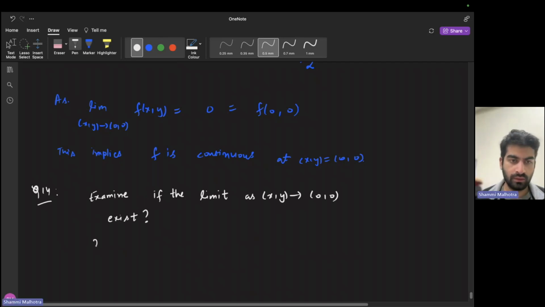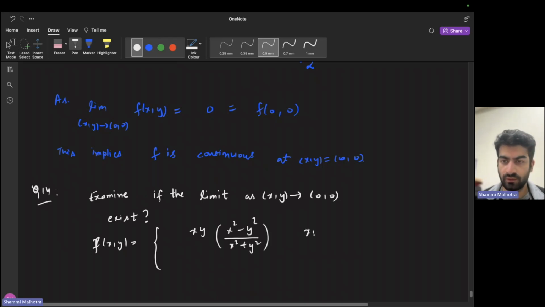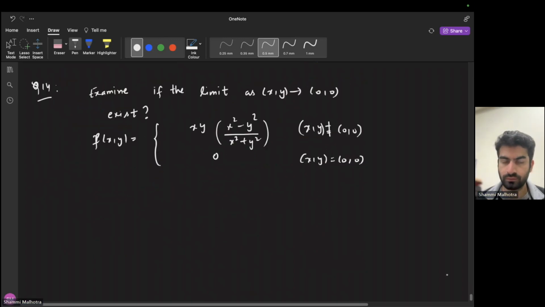The function I'm taking is f(x, y) equal to xy (x square minus y square) whole divided by x square plus y square whenever (x, y) is not equal to (0, 0), and 0 whenever (x, y) is equal to (0, 0). Let us try to evaluate whether this particular limit exists or not. So we will start with the same standard approach.